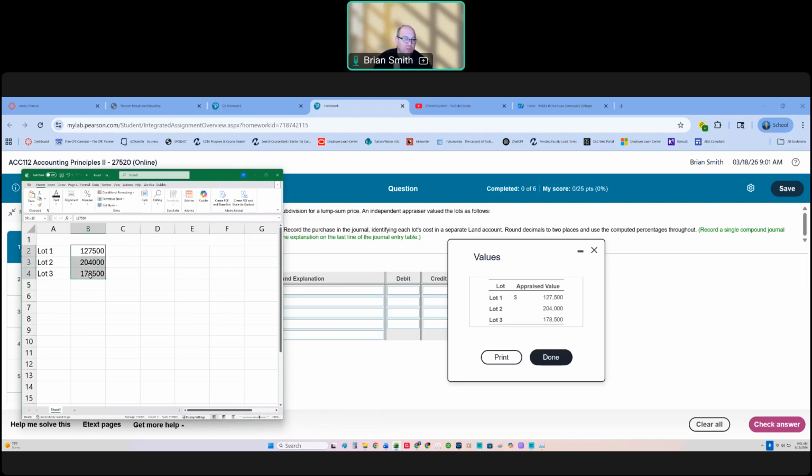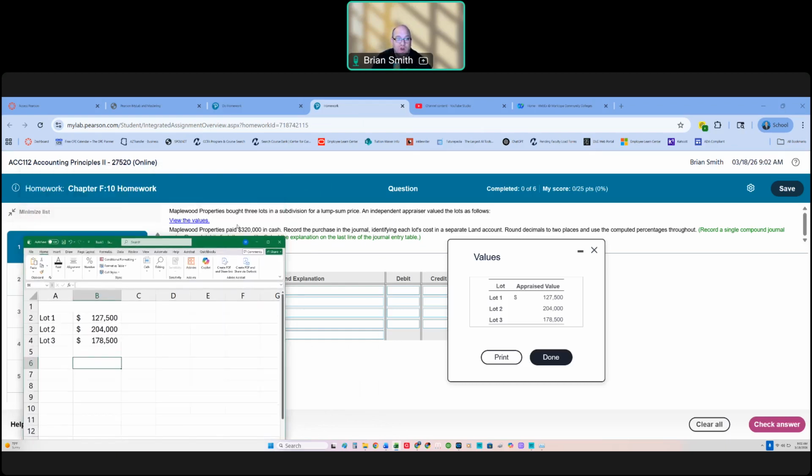What we need to do, and I'm going to just make these into dollars, is allocate this cost. We paid $320,000 for it. So we're going to allocate this cost to each one of these lots.